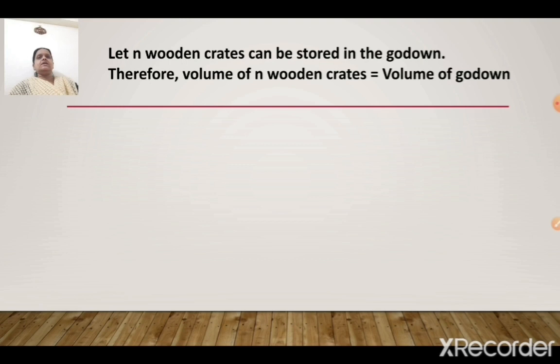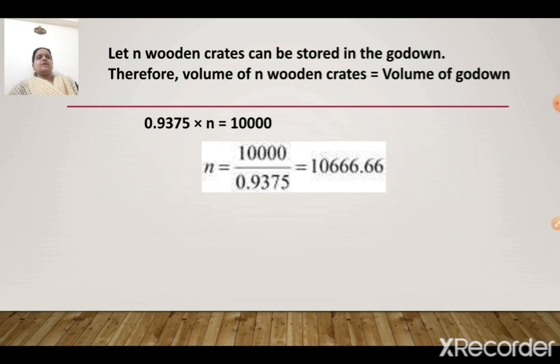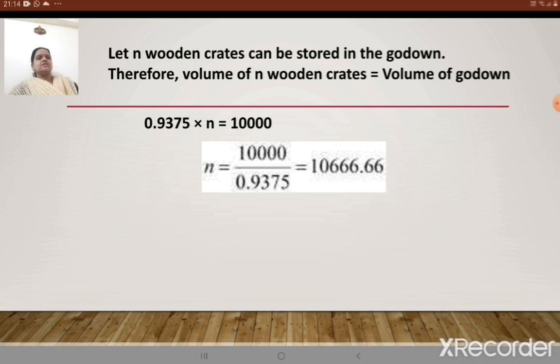That is n into one wooden crate equals the volume of the godown. Therefore the volume of one wooden crate, we got it here as 0.9375 into n equal to 10,000.